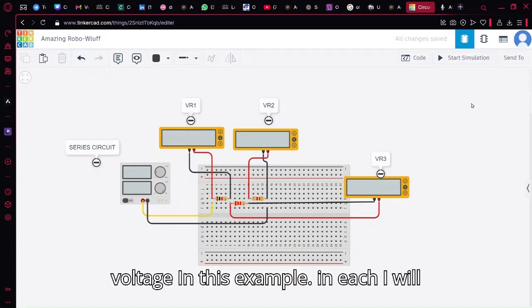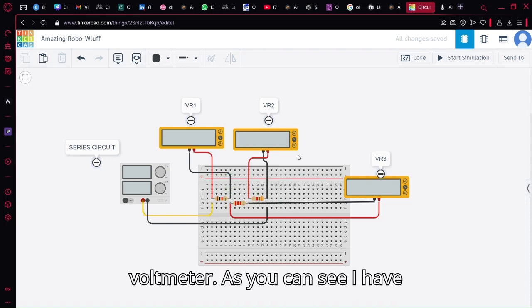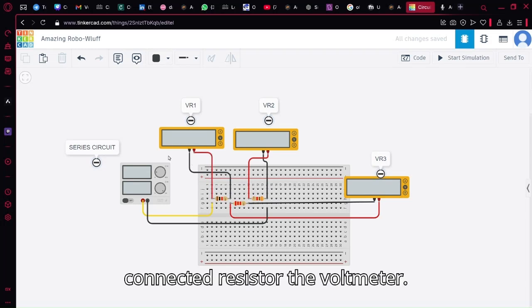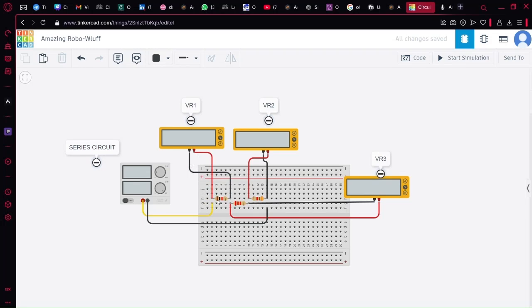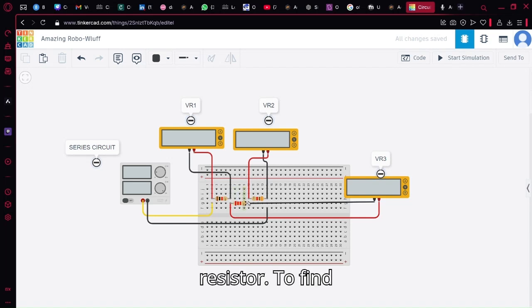In this example, I will show how to find the voltage in each resistor using a voltmeter. As you can see, I have connected the voltmeter parallelly to each resistor to find the voltage value in each resistor.